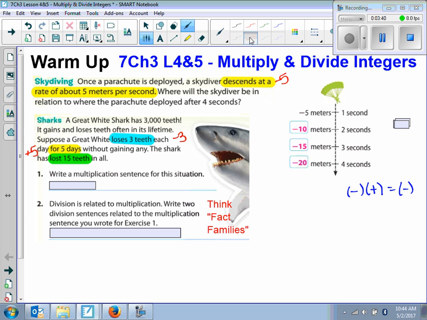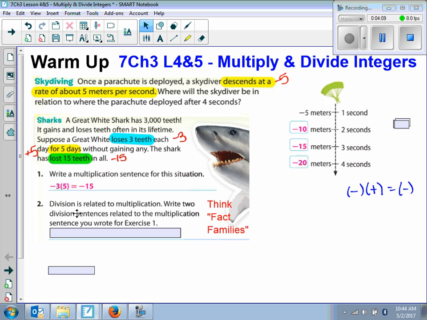Negative. So that's going to be a negative 15, right? So when we write the multiplication equation for this sentence, negative 3 times the positive 5 days is going to be, how many teeth did he lose? Negative 15 teeth. Does that make sense? Okay. So we know that negative 3 times 5 is equal to negative 15.